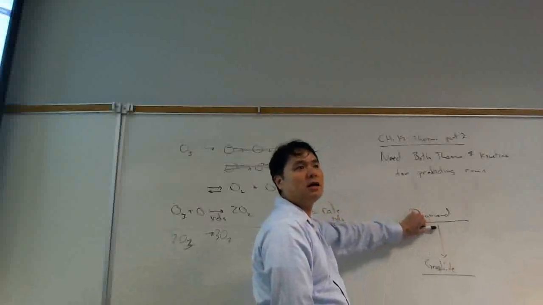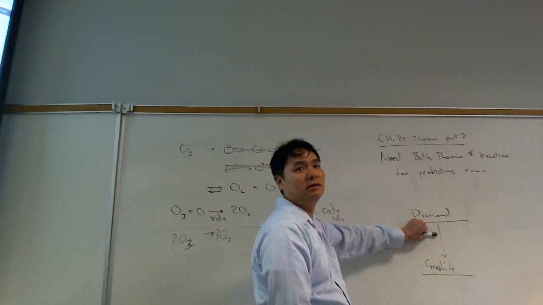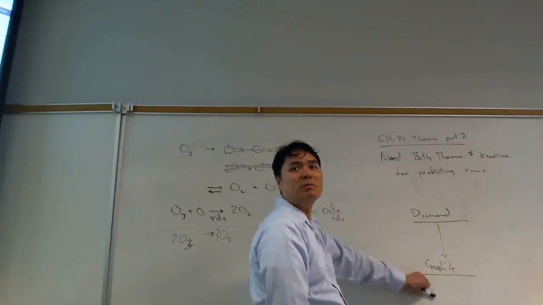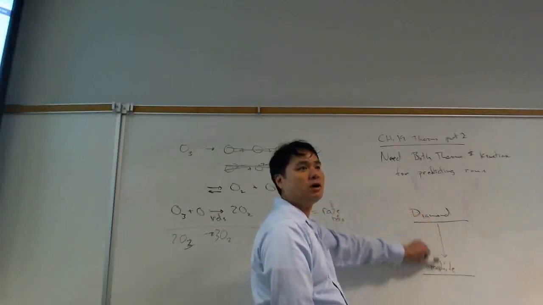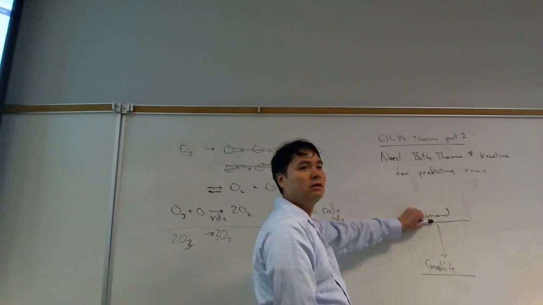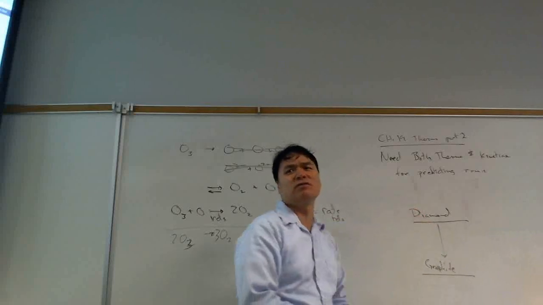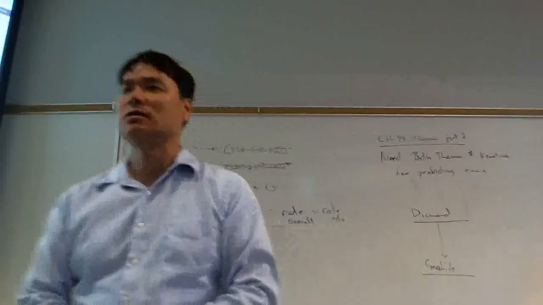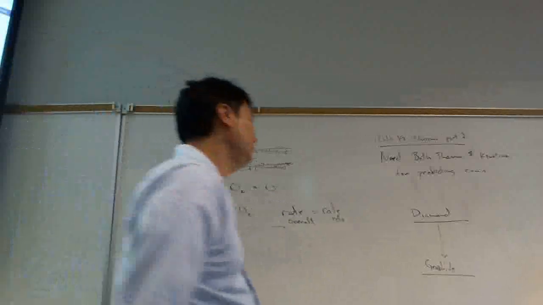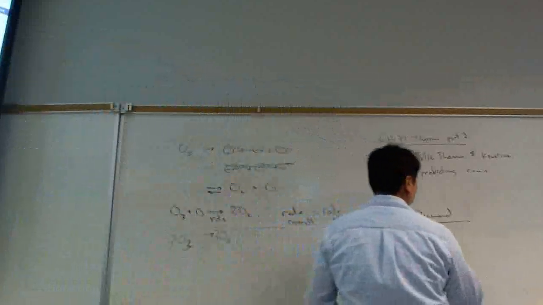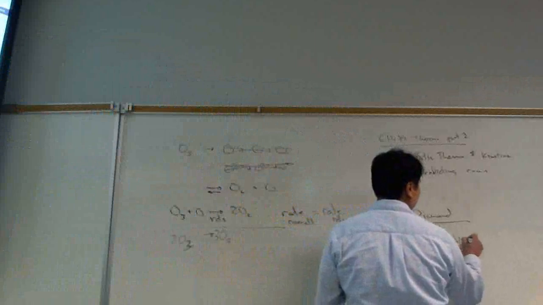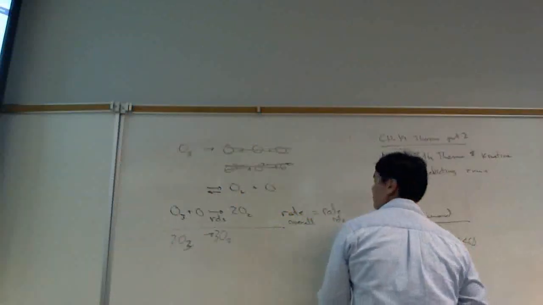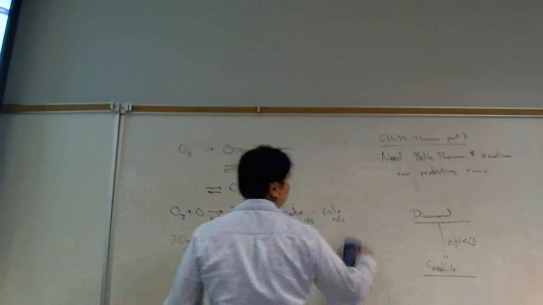And since diamond is a high energy form of carbon, and graphite is a lower energy form of carbon, there's a thermodynamic driving force for this. We say driving force is present. There should be reaction. And so this would be a delta H less than 0, which is exothermic. Exothermic is good.